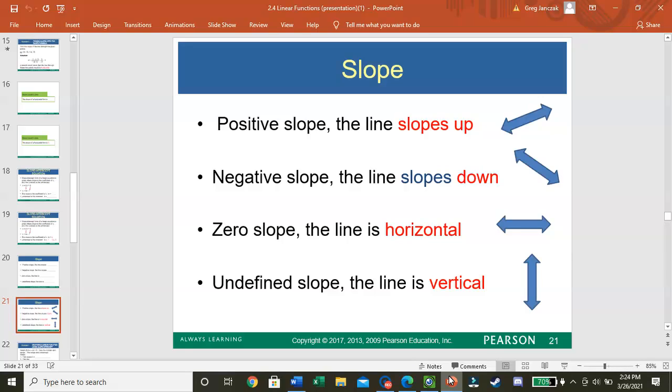When you're coming back down from the top or the pinnacle, if you're coming back down the mountain, then the slope is negative. And the line slopes downward. So negative slope, the line slopes downward. 0 slope is a horizontal line.